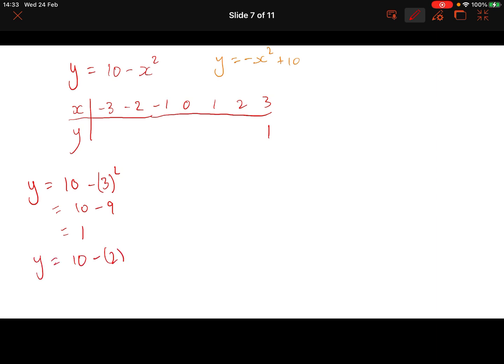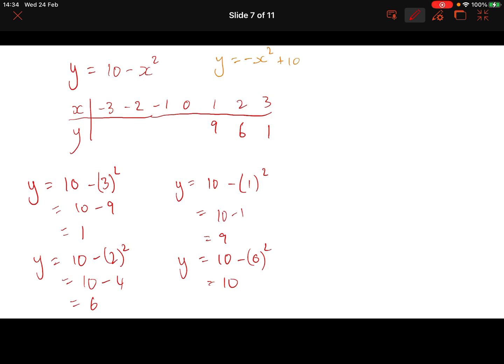Please, please, please use BIDMAS, and use those brackets so you don't get it wrong. 10 minus 4 is equal to 6. Okay, y is equal to 10 minus 1 squared, which is going to be 10 minus 1, which is going to be equal to 9. What if x is equal to 0, y equals 10 minus 0 squared, which is equal to 10?